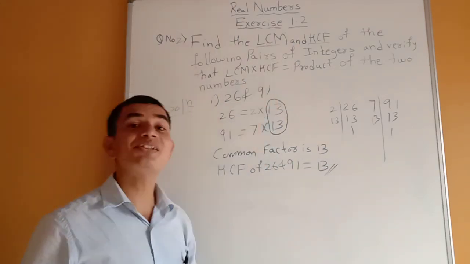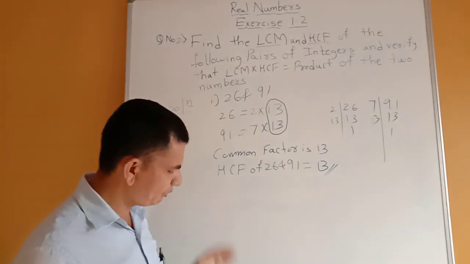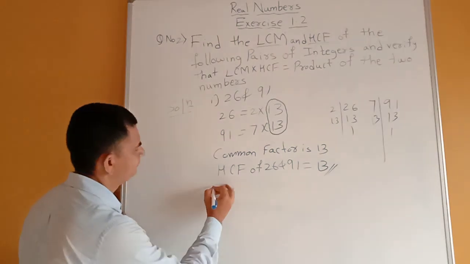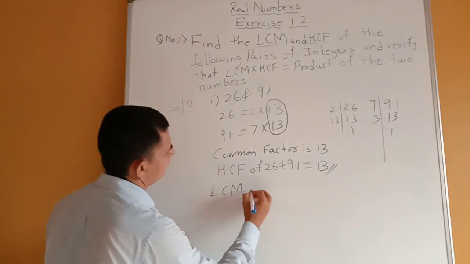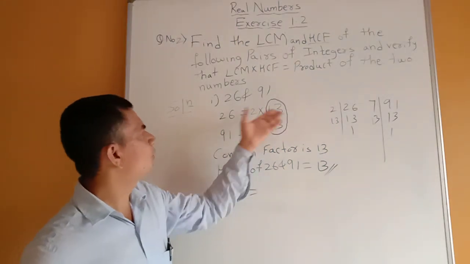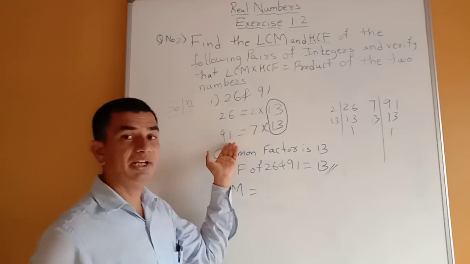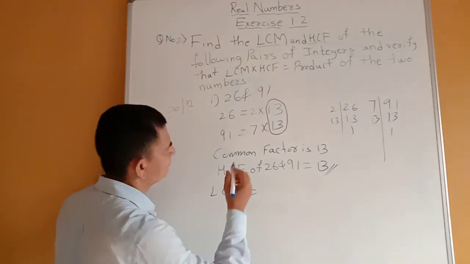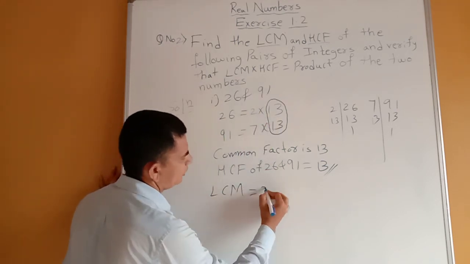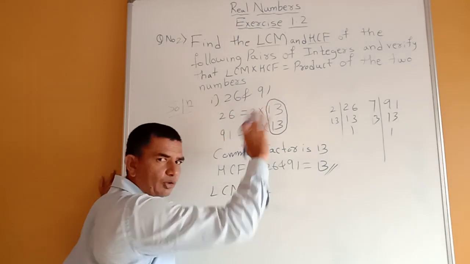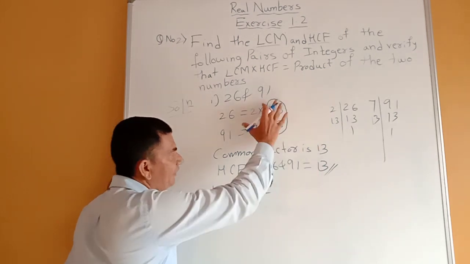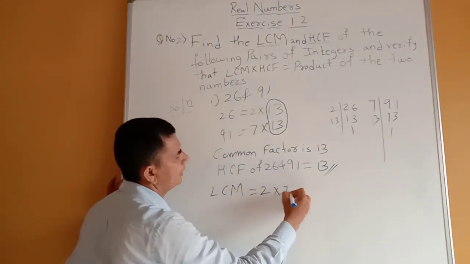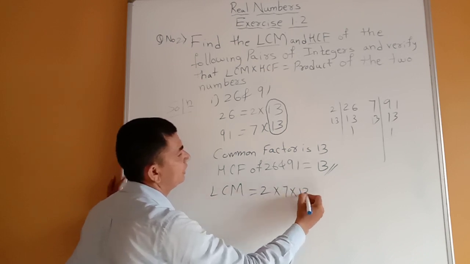Now next, the LCM. In the same step I will tell you how to find the LCM here. It is very simple. Again, no need to do the listing method for 26 and 91. Here you can write directly 2. We have to write all the factors, not only common factors, for the LCM. 2 into 7 into 13.